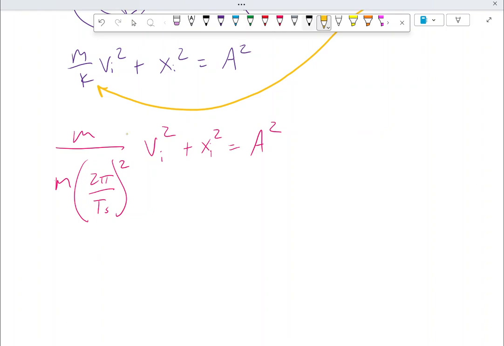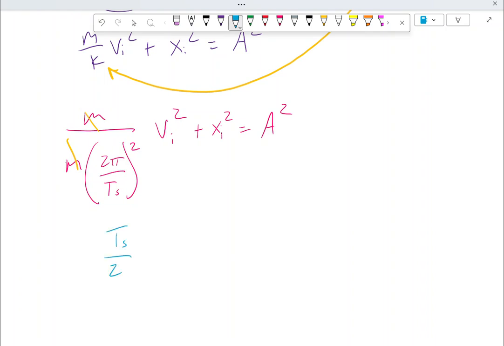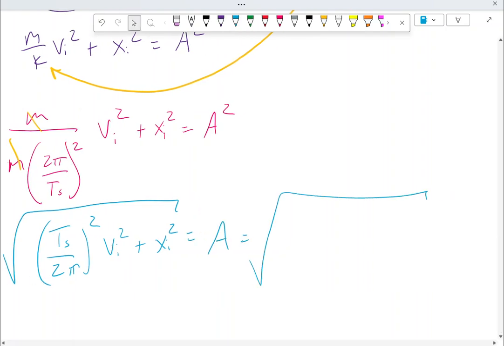One of the reasons I did this is the mass is going to cancel out. So that's going to give me the period of the spring mass system divided by 2 pi, all of this squared, times the initial speed squared plus the initial position squared, all this square rooted, because that's going to give me my amplitude. What does that look like in terms of numbers?